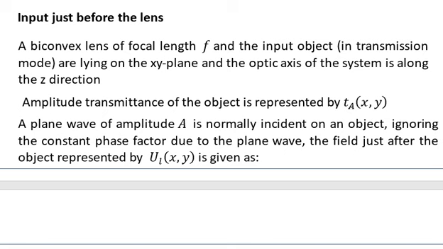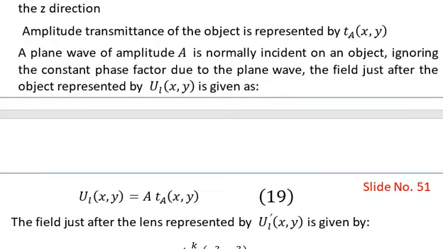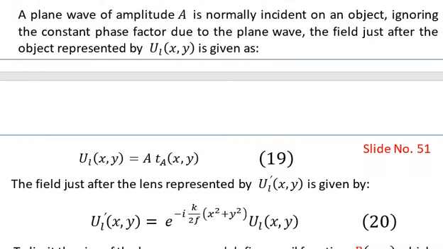A plane wave of amplitude A is normally incident on the object, so we can ignore its constant phase. Ignoring the constant phase factor due to the plane wave, the field just after the object, represented by U_L of x, y, is given as U_L of x, y equal to A times t_A of x, y.